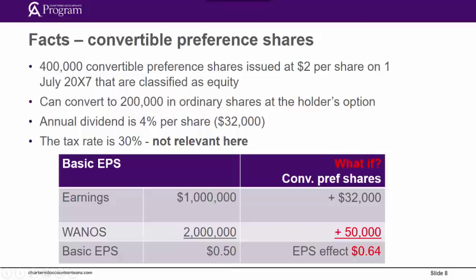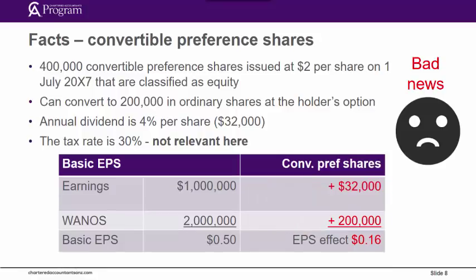So we always need to test instrument by instrument. But my facts here are based on converting to 200,000. 16 cents is lower than 50 cents. So yes, bad news for our ordinary shareholders. The preference shares are dilutive.